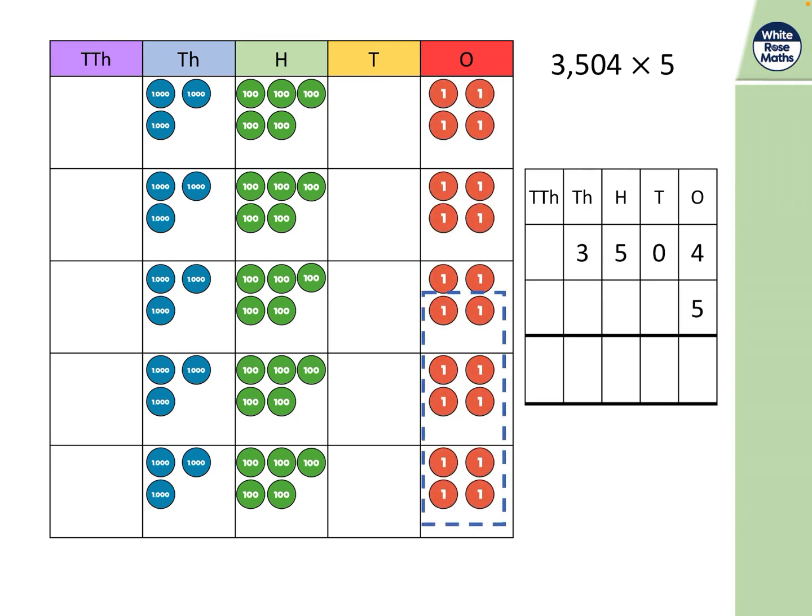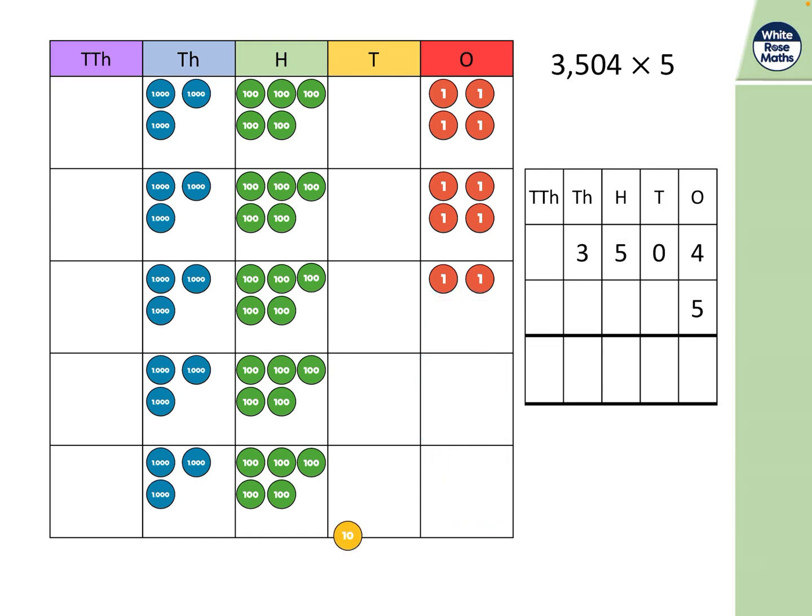Instead of us working with huge numbers, now we can partition it up. So let's have a look. Again, we're doing our 4 multiplied by 5 is of course 20, and actually if we have a look, we've got a set of 10 there in 20 which we can swap for a 10.